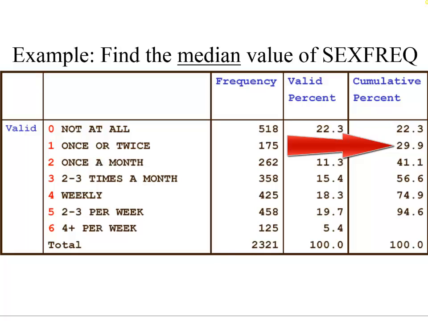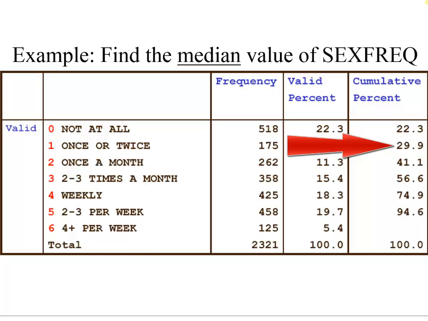29.9%, nearly 30% of the sample, had sex once or twice or not at all in the past year. That is, it's 22.3 plus 7.5, which is about 30%. Again, we haven't made it to the median because we have 30% below once or twice and 70% above.